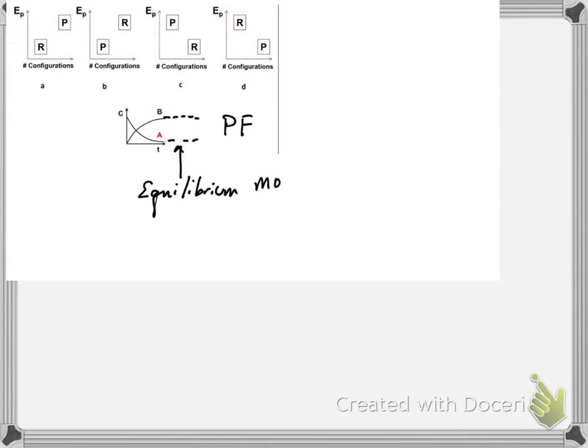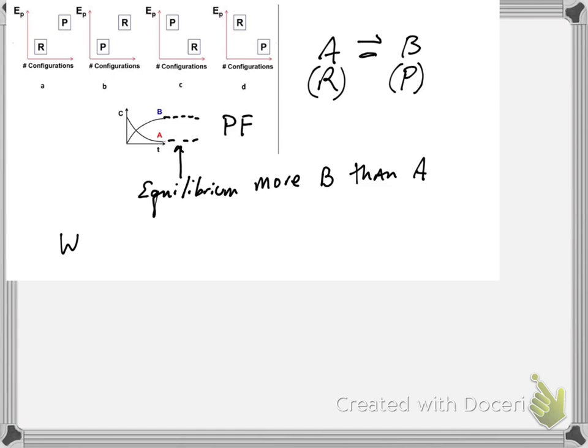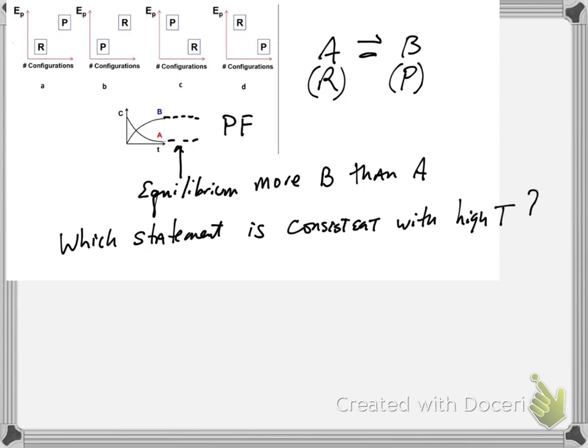What we see is that there's more B than A as time goes out to infinity. That means the reaction is product favored, and we want to know which of these PEC diagrams is consistent with product favored behavior at high temperatures.